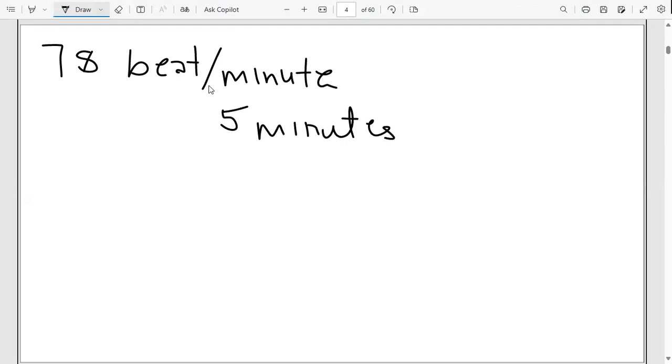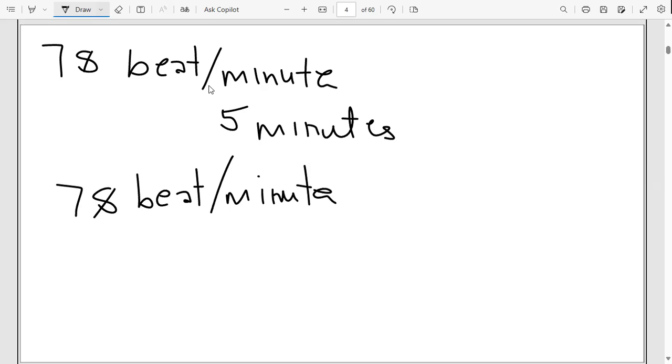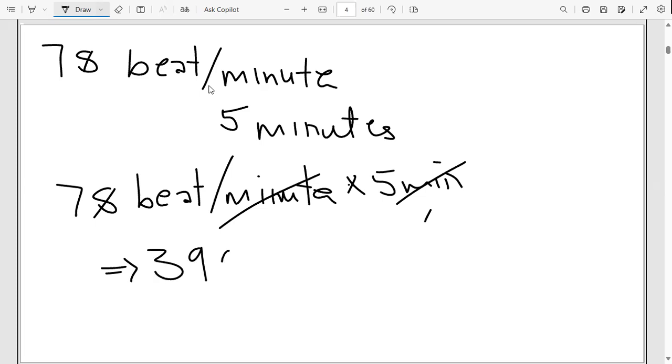What are we going to do? We're just going to multiply the number of beats per minute by the time that is elapsing, which is 5 minutes in this case. So 78 beats per minute multiplied by 5 minutes. The minute and the minute here are going to cancel out. We have 78 beats multiplied by 5, and this is going to give us exactly 390 beats in 5 minutes.